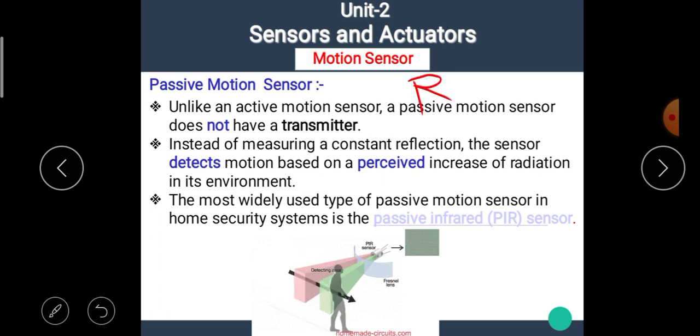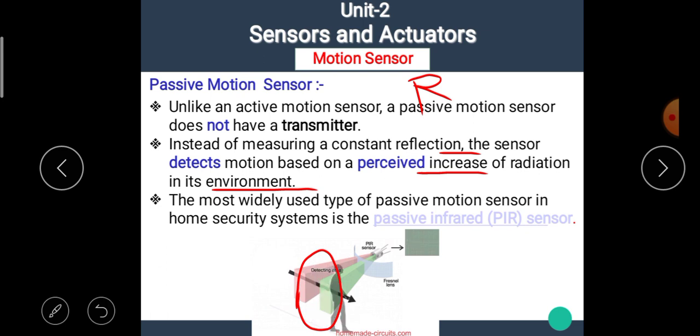That means in a passive motion sensor there is only a receiver. Instead of measuring a constant reflection, the sensor detects motion based on perceived increases of radiation in its environment. The most widely used type of passive motion sensor in home security systems is the passive infrared sensor. We have learned about this passive infrared or PIR sensor technology. In PIR sensor technology, the sensor senses the infrared radiation from a living body like a human.